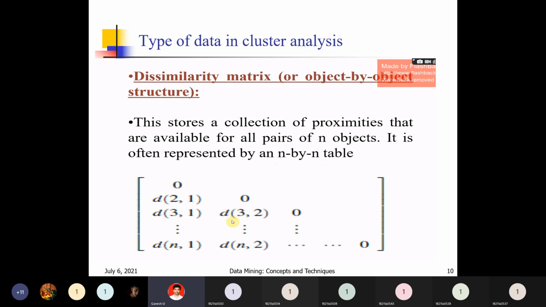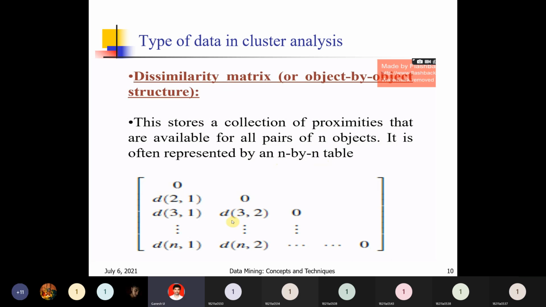Like this, for each and every column, we will compare with each and every row and find out the distance. Distance of 3 comma 2, distance of 4 comma 2, 5 comma 2. Here also, distance of 4 comma 3, distance of 2 comma 3, distance of 1 comma 3. Like that, we will find out the different distances for each and every object element. So that is the dissimilarity matrix.